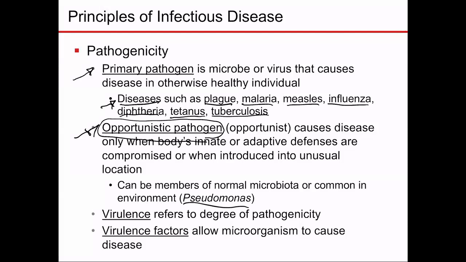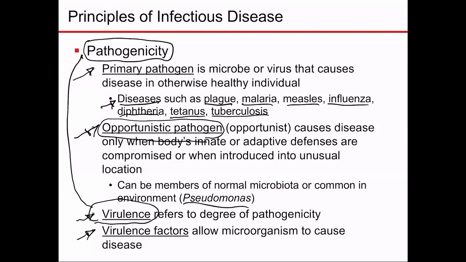And now, let's go to these two concepts, virulence and later virulence factors. But first, virulence. Virulence is a concept that sometimes people confuse with pathogenicity, but these are two different things.